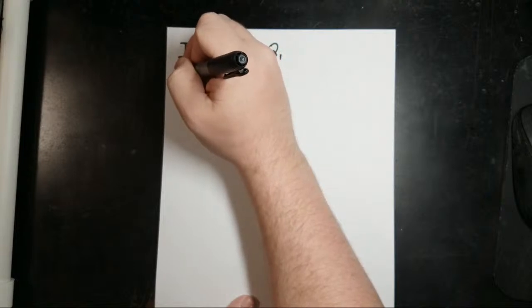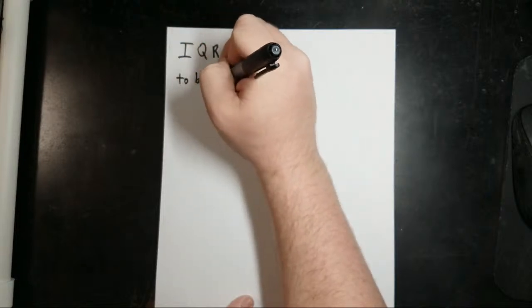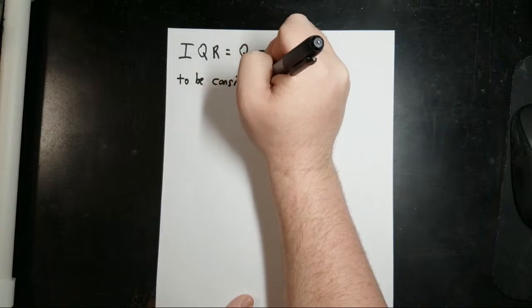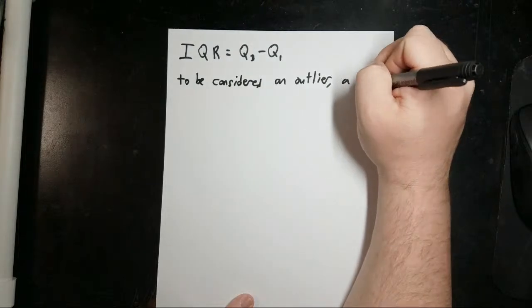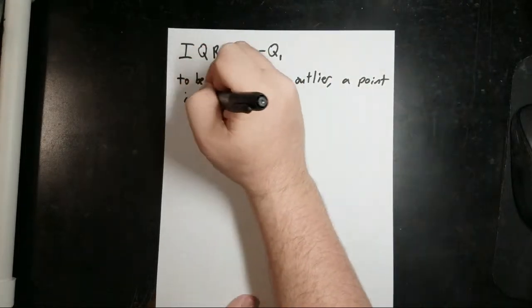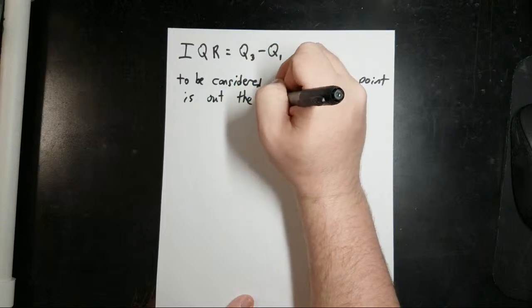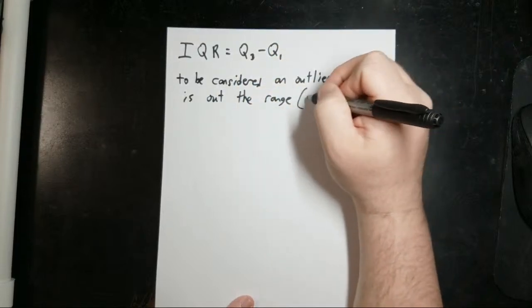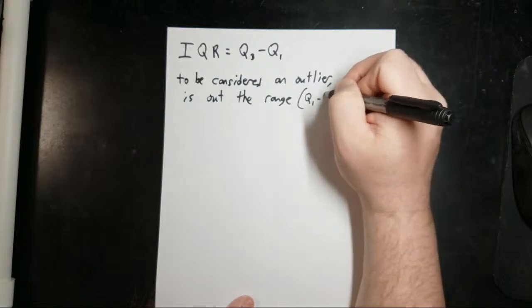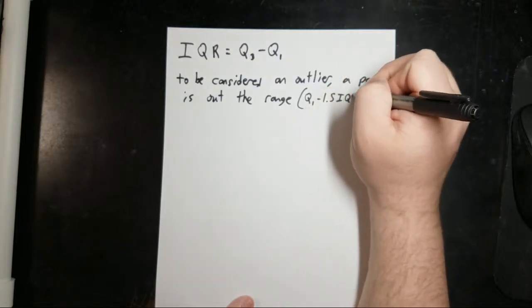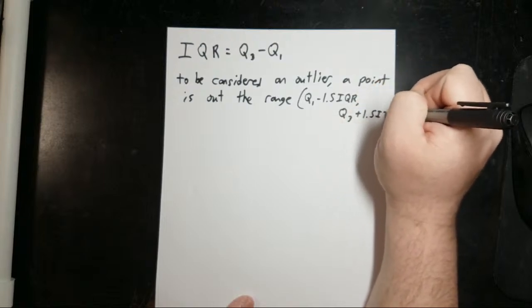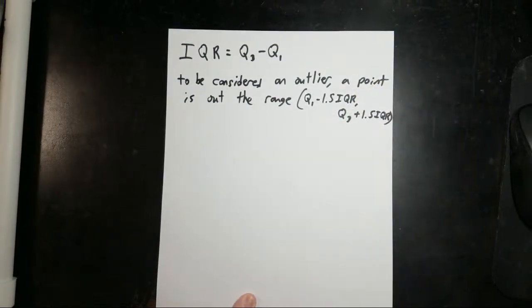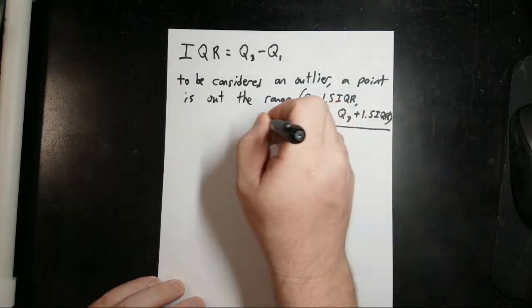But to be considered an outlier, a point is outside the range, parentheses, Q1 minus 1.5 IQR, comma, Q3 plus 1.5 IQR. If you were a data point outside that range, you would be considered to be an outlier.